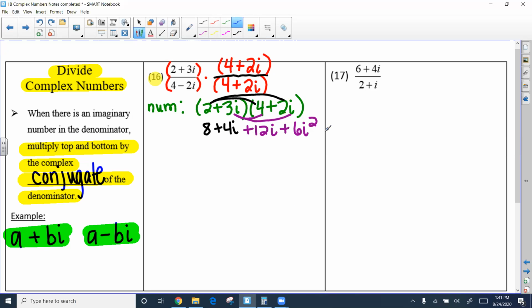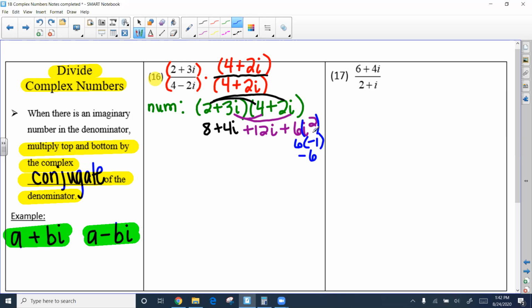Now to simplify this, I need to simplify the i squared. We have to remember that i squared is negative 1. So this last term, the 6i squared, becomes 6 times negative 1, which is negative 6.